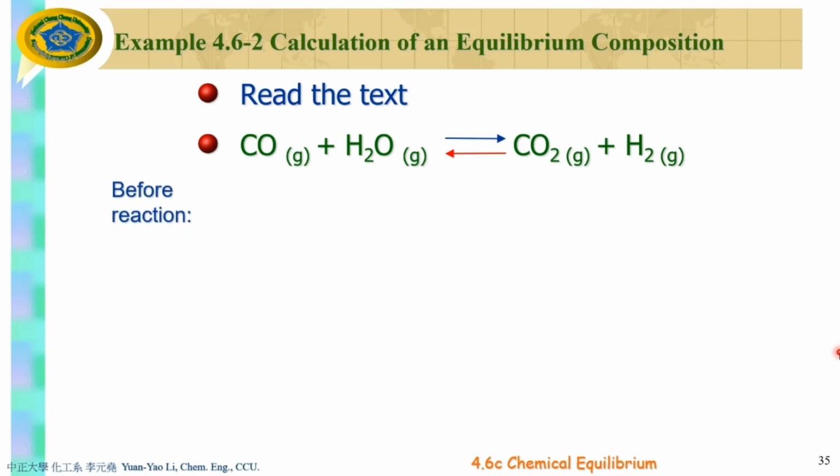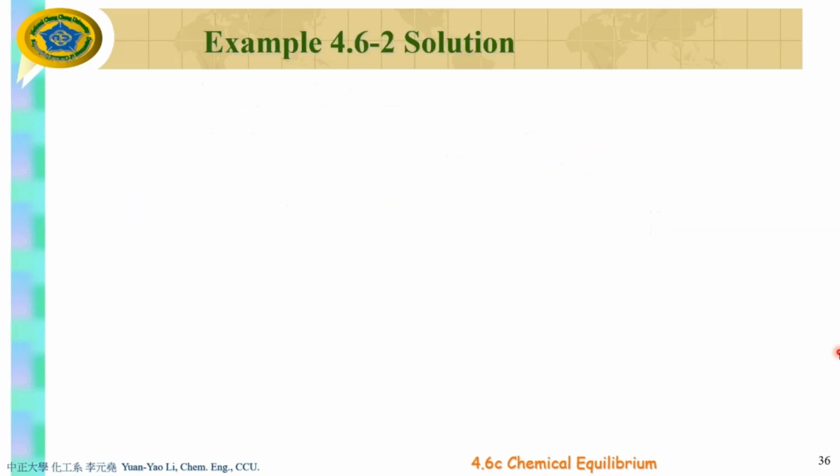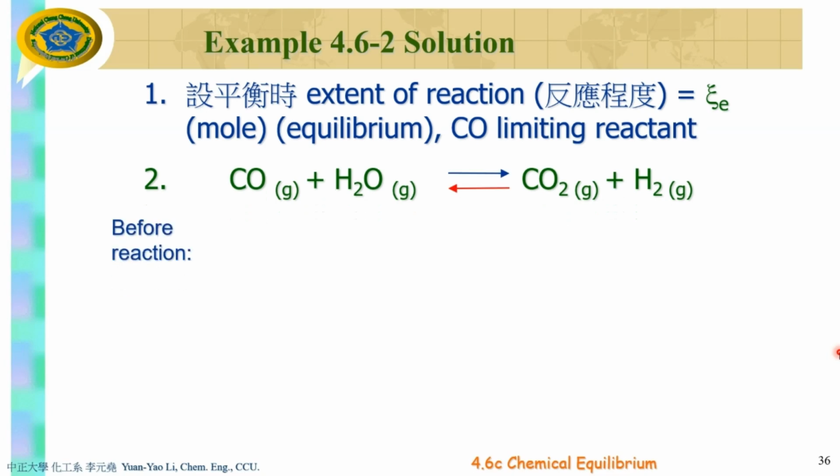In the very beginning, we have 1 mole of carbon monoxide, 2 moles of water, and 0 and 0 here. During the reaction, we don't know how many reacted, so we just write minus 1 times Xe, because we don't know the extent of reaction.